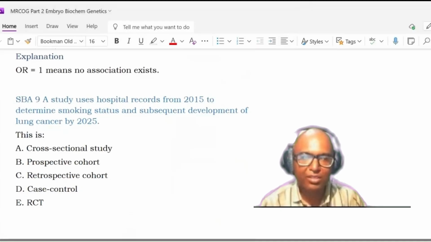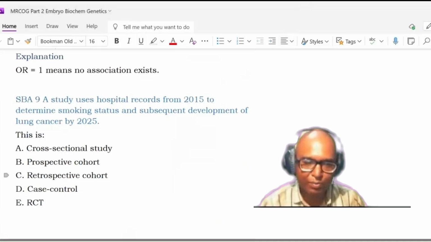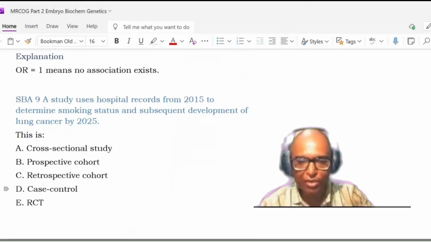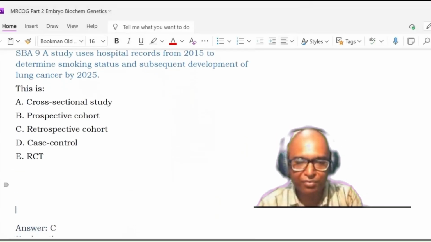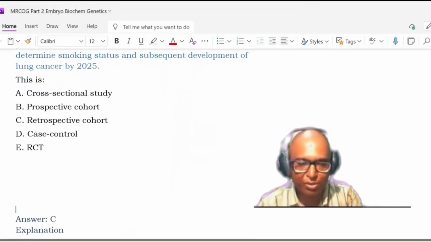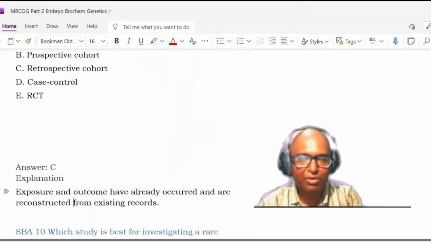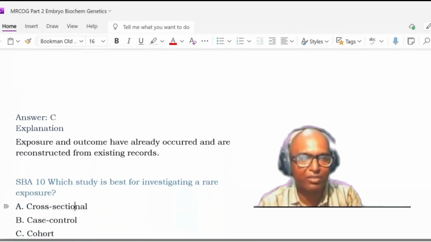We have gone retrospectively but collected data prospectively, ultimately following them from 2015 onwards till now. So exposure and outcome have already occurred and are reconstructed from the existing record.